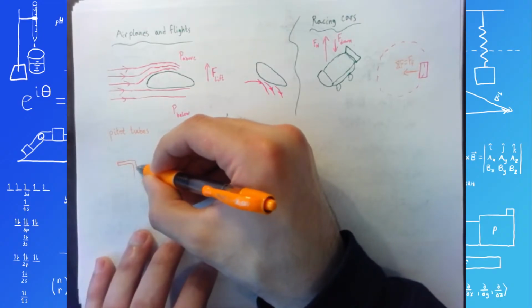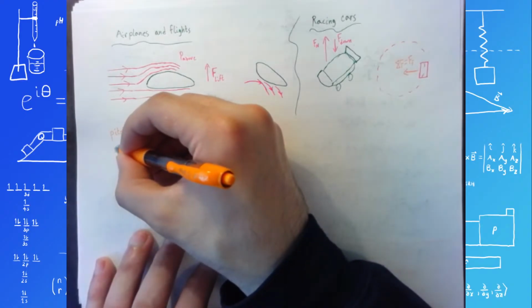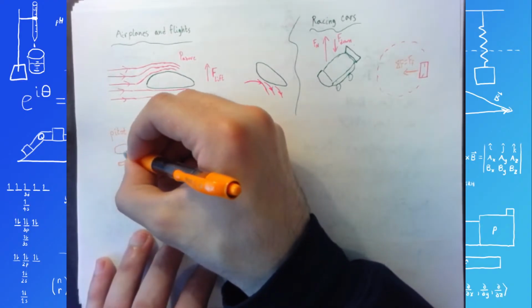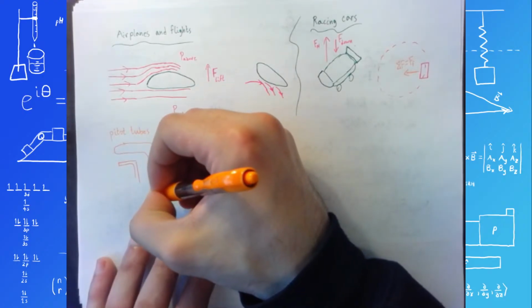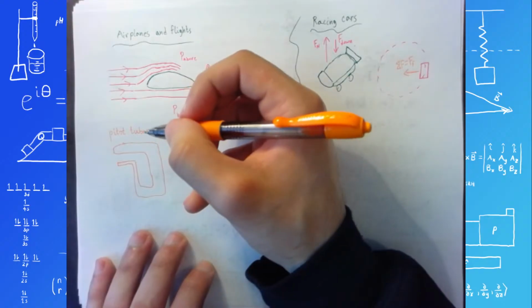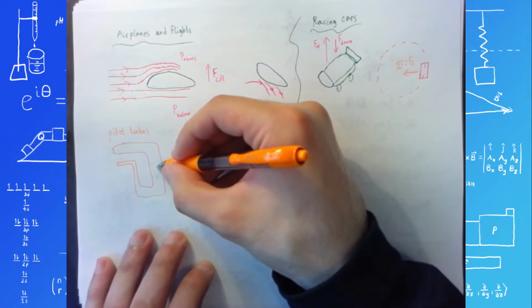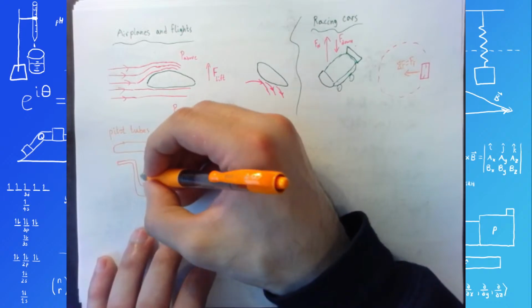So one design is going to be like this, where you've got two tubes connected to each other. This one doesn't necessarily have to be wider than this one. I just happened to draw it that way.